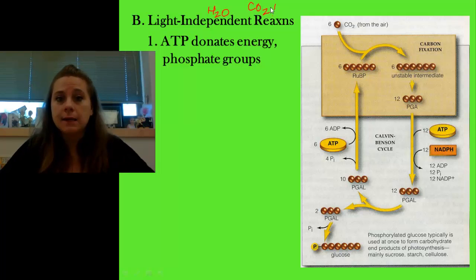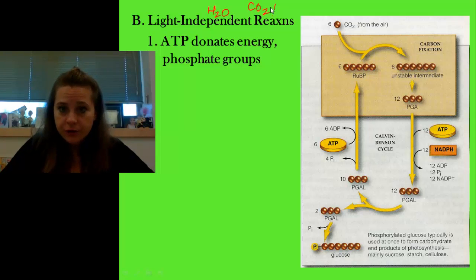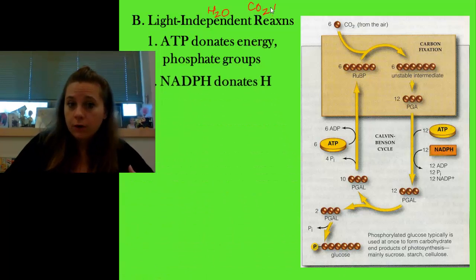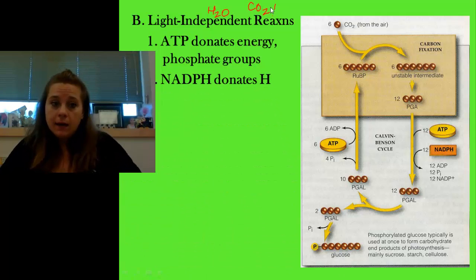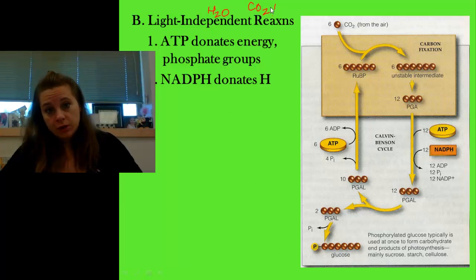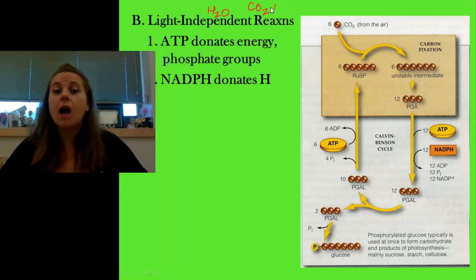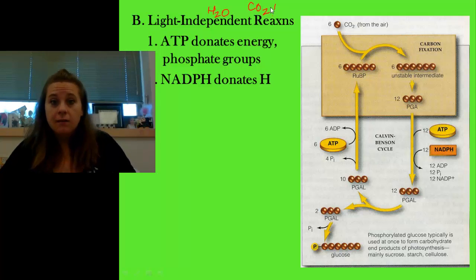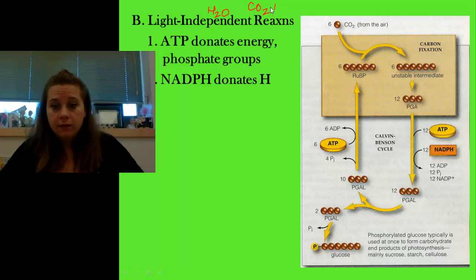It is a synthesis reaction, so it requires energy to occur. So the ATP is donating the energy for what's going to happen. My NADPH is going to donate the hydrogen. So even though I reduced it in the light-dependent reactions, now I'm going to oxidize it here in the Calvin-Benson cycle.